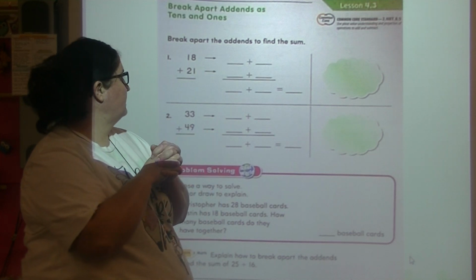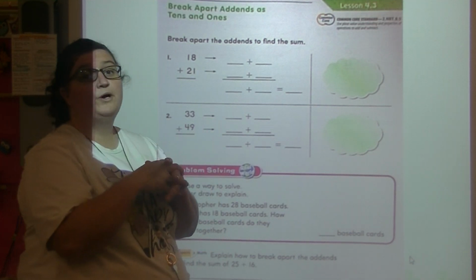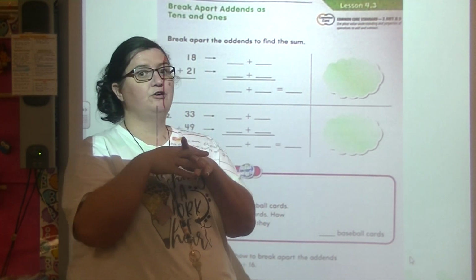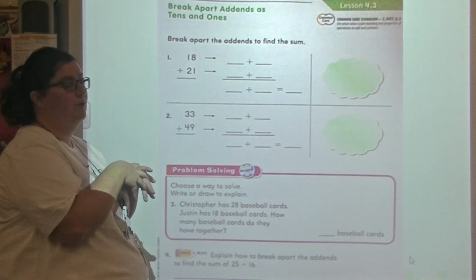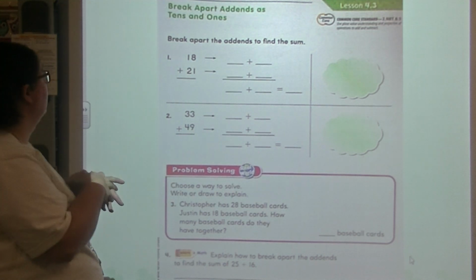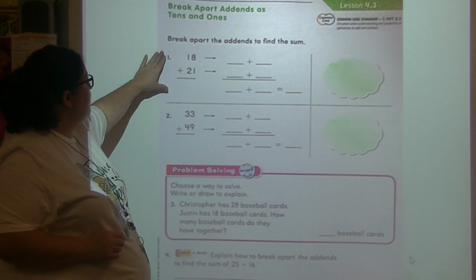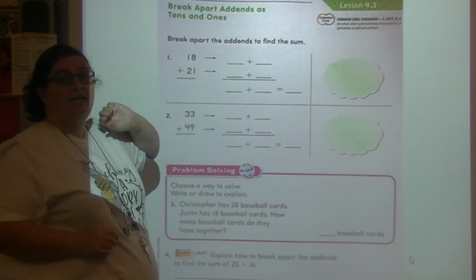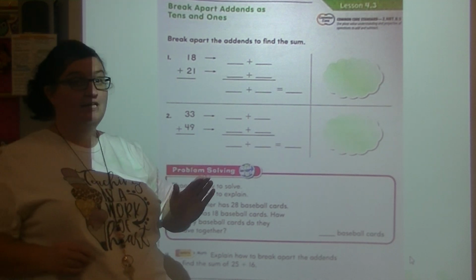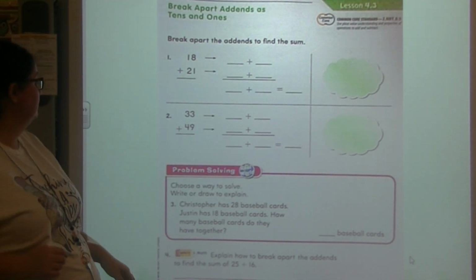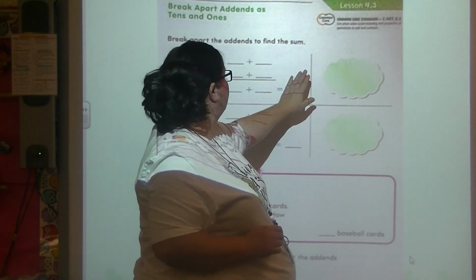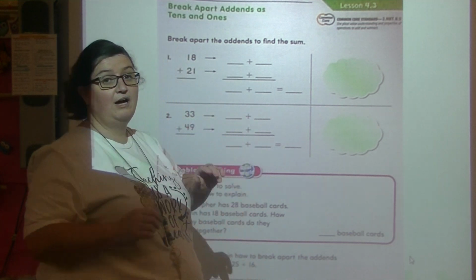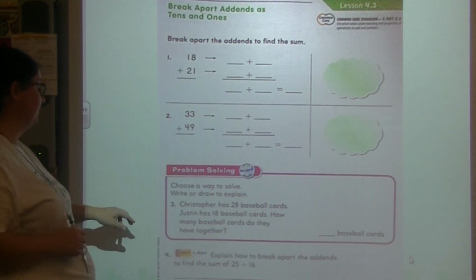You're going to practice this, and then we're going to go over it during the lesson tomorrow, just like we're doing right now. So you're going to need to have that and be ready to check over it. All right, so on numbers 1 and 2, you'll go across and add how many 10s plus how many 1s. Remember, if the number is greater than 10, you'll have to come over here and figure out how many 10s and 1s to move over.